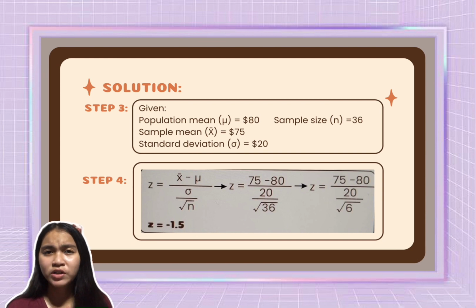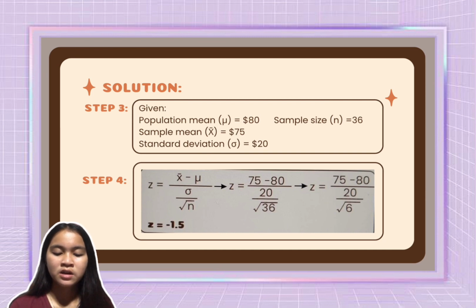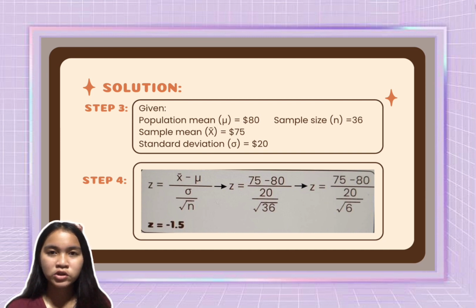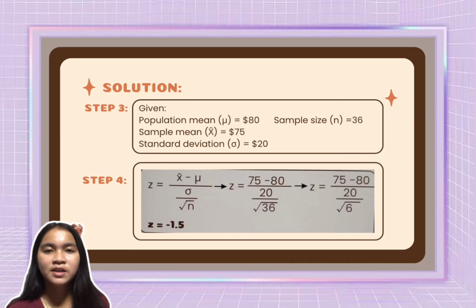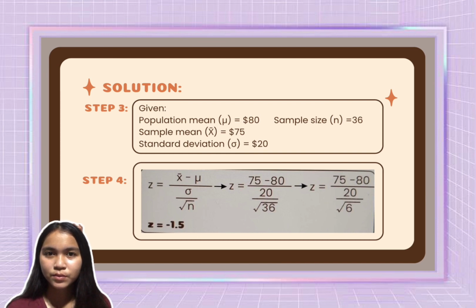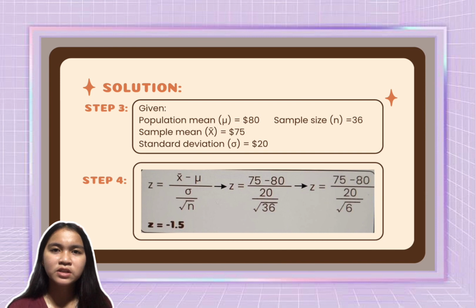The square root of 36 is 6, so we are going to put this here. And then this whole equation, we are going to solve using our scientific calculator. So the final answer is negative 1.5. Therefore, the z computed value is negative 1.5.